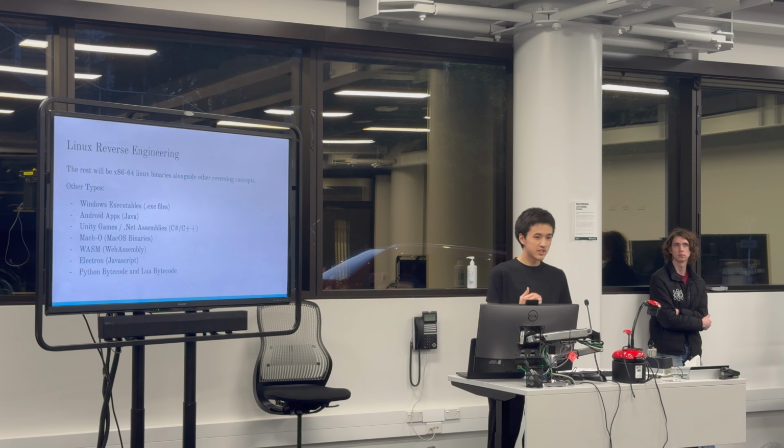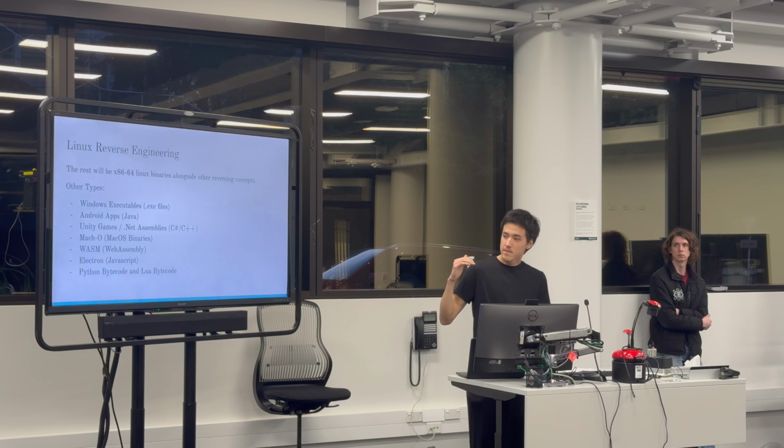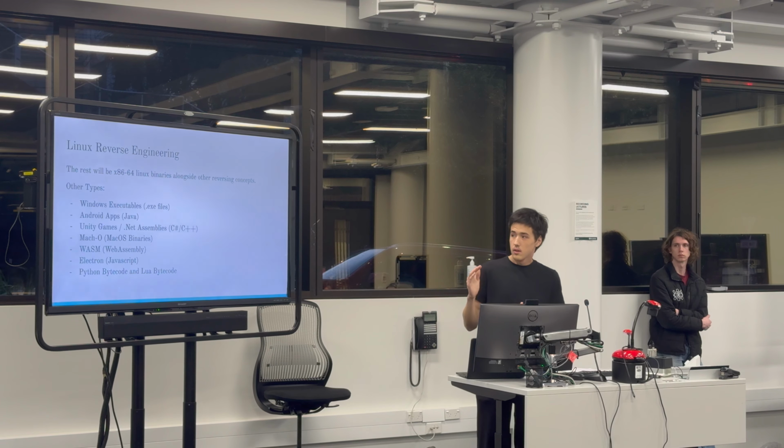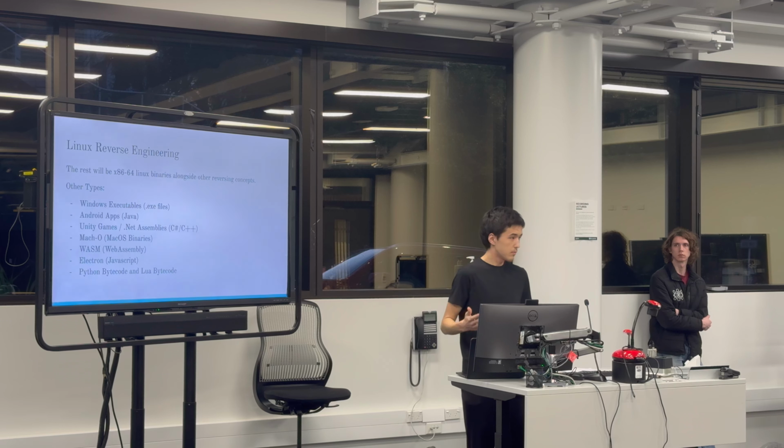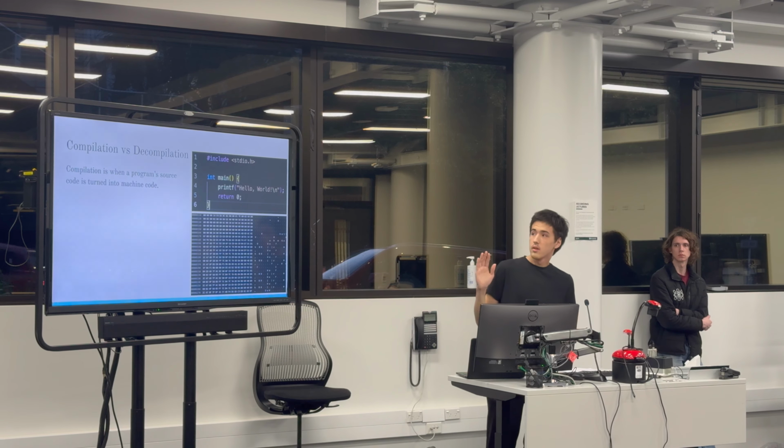You can find some crazy stuff there. And Python bytecode and Lua bytecode. I'll be doing talks on some of these throughout the year, maybe, if people are interested enough. So be on the lookout for those.